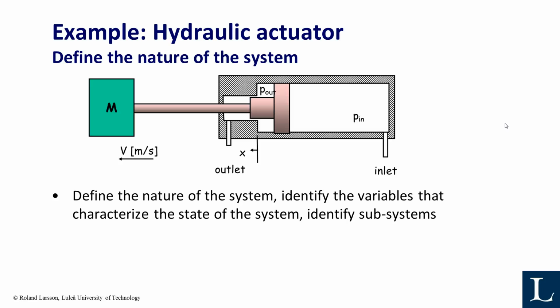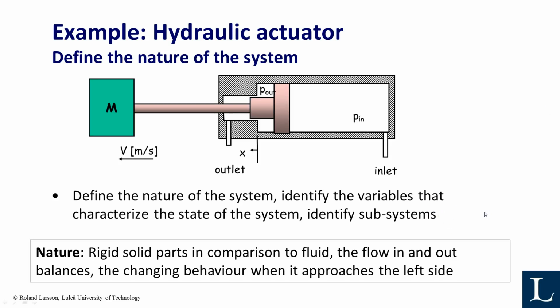What are important variables here, and can we draw some conclusions or make some assumptions about the system? Do we need to identify subsystems? Well, I would say that this is a rigid system, and because fluid is a fluid, you should also take flow balance into account here.